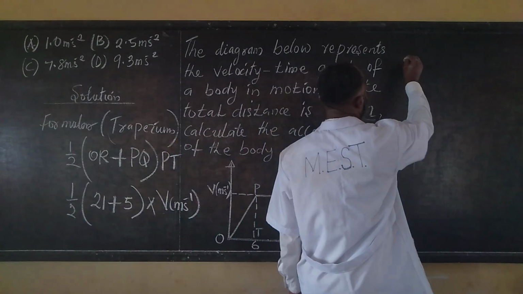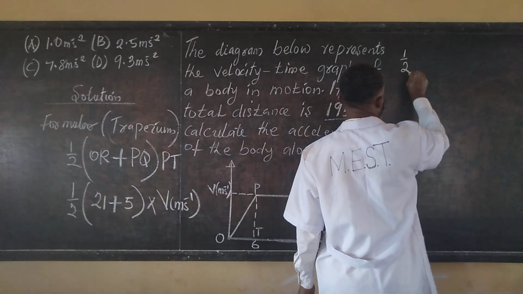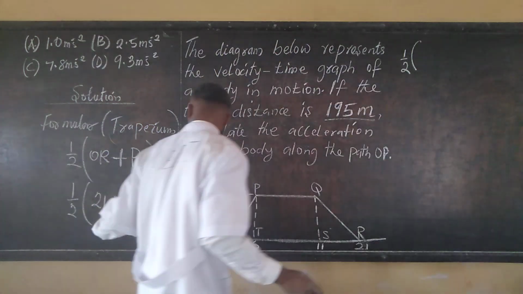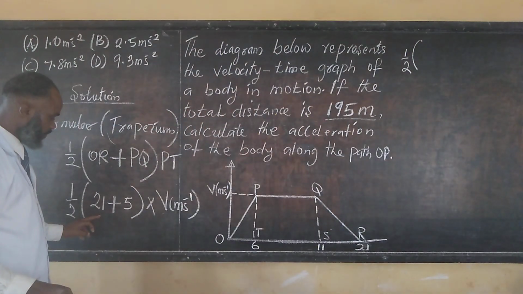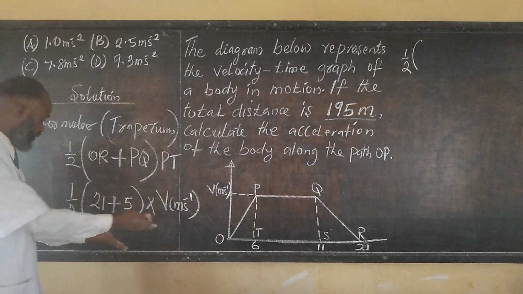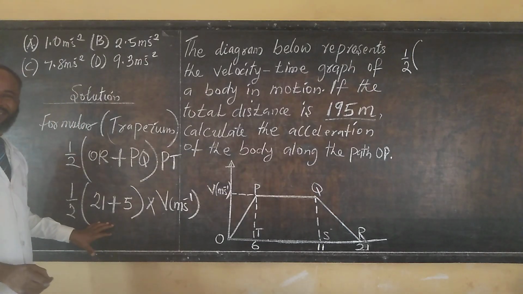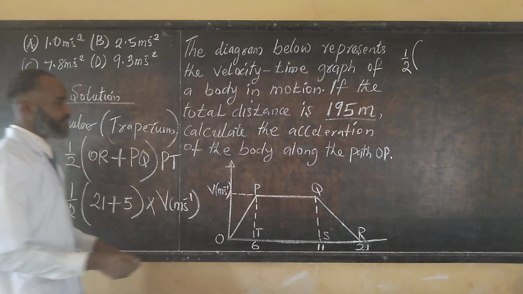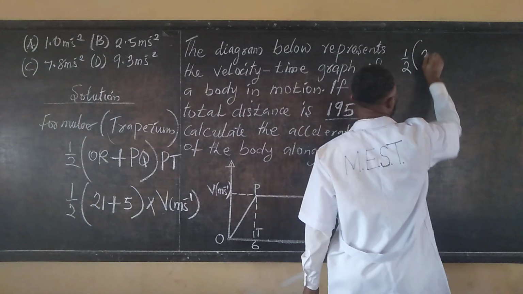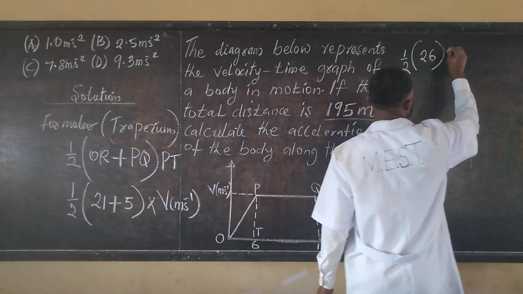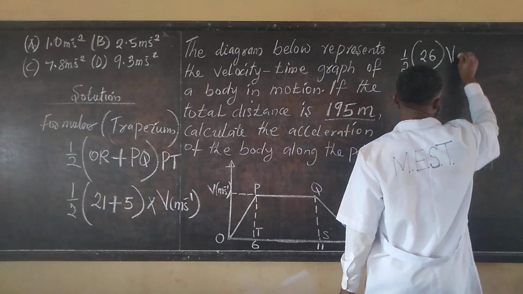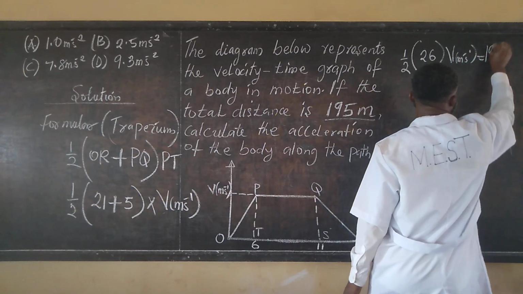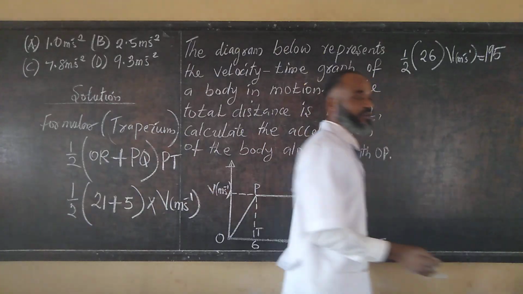So we have half, bracket open, 21 plus 5. 21 plus 5 is 26. And we have 26, bracket close, V meter per second, all equal to 195.